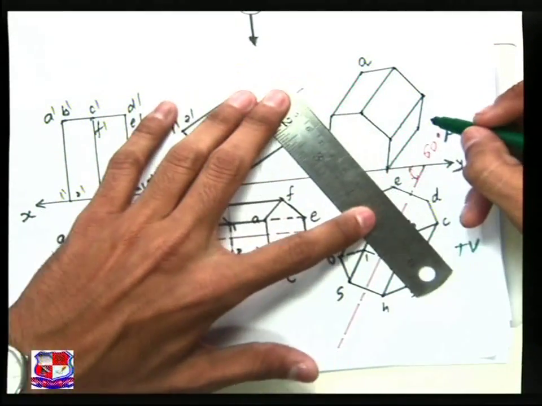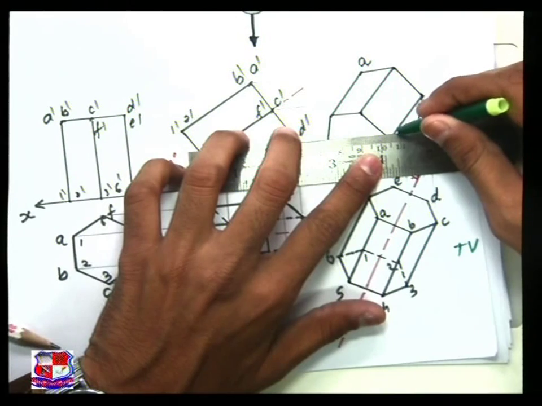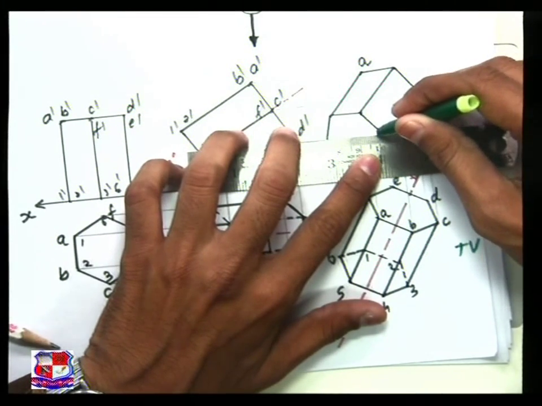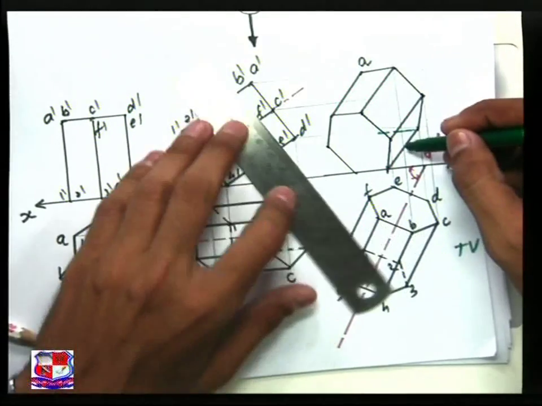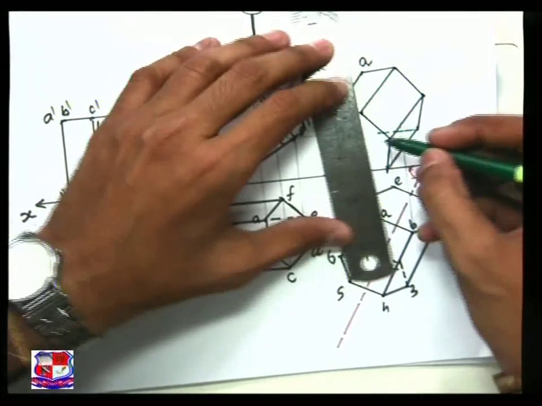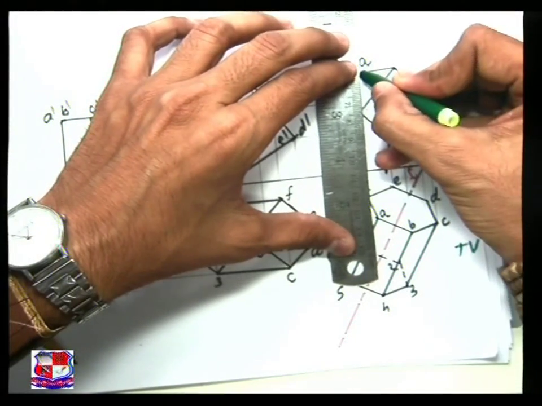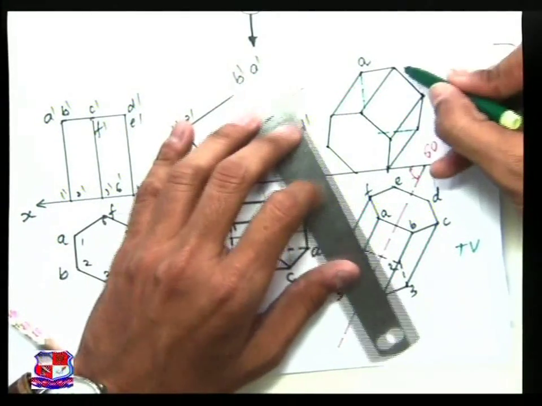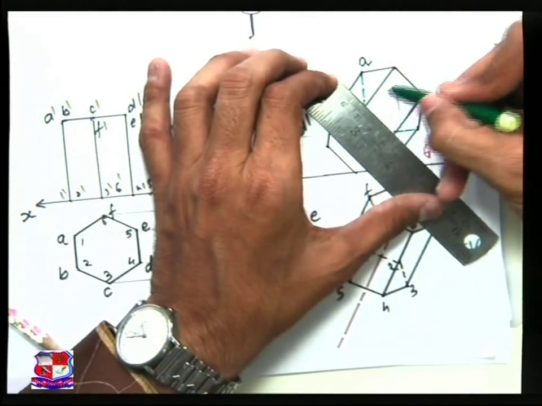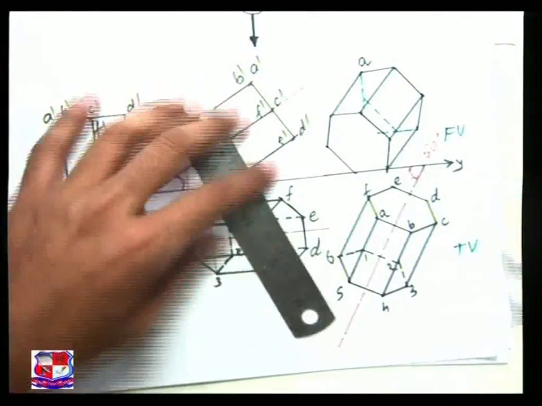So that would appear like this. Here hidden line would be there up to this 1, 2, 3, 4, and here this upper dotted line, and here this hexagonal base would be there, joined with the dotted line.